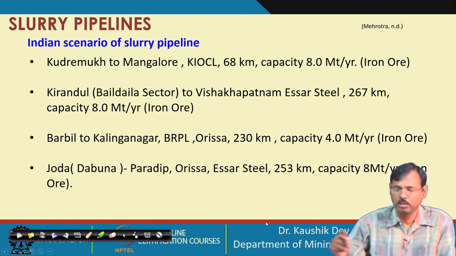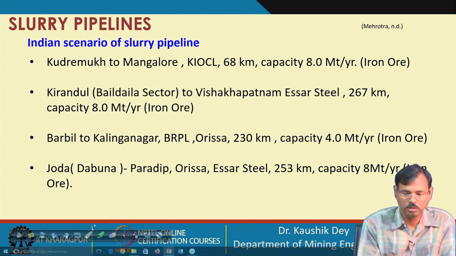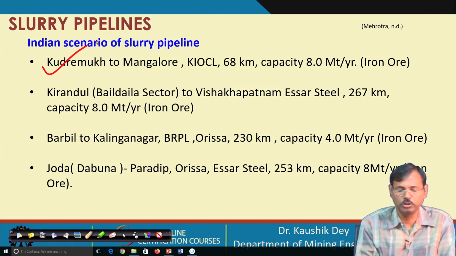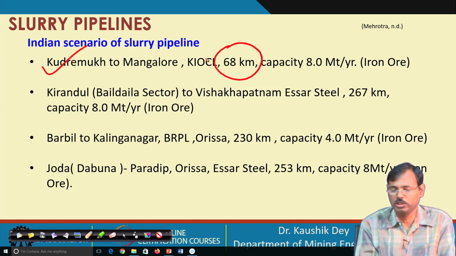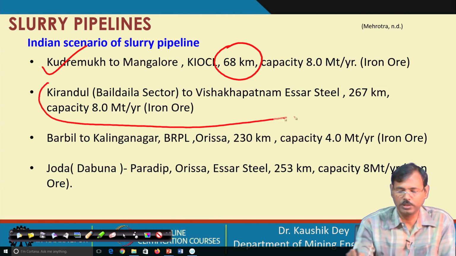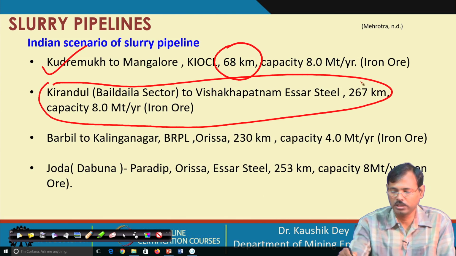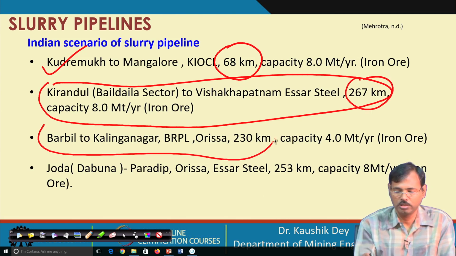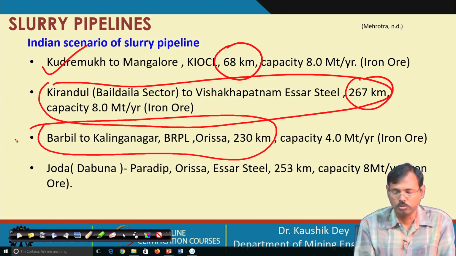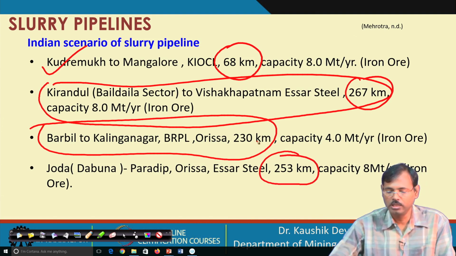This is the Indian scenario. We had one from Kudremukh to Mangalore port, 68 kilometer, which gradually stopped after that. Currently, Kirandul to Visakhapatnam, SR Steel has set up 267 kilometer, and another one in Orissa of 30 kilometer, and these are also projects of SR Steel.